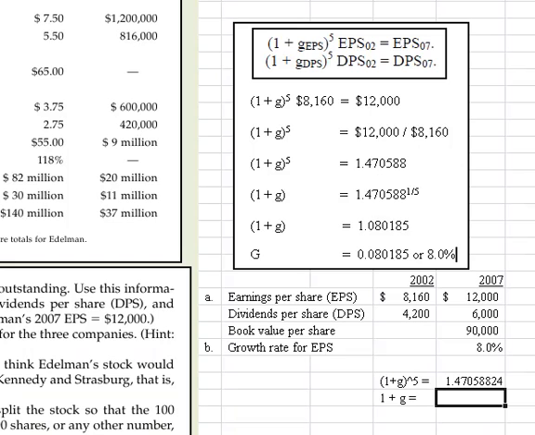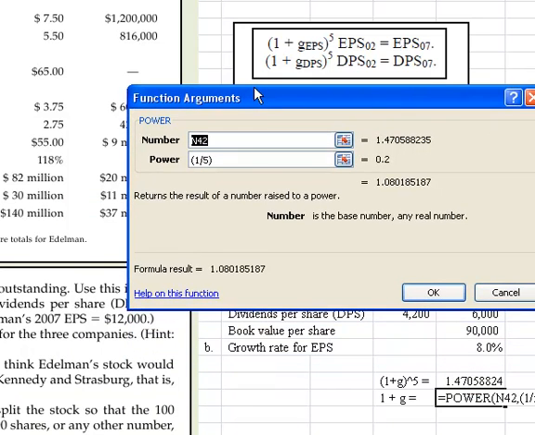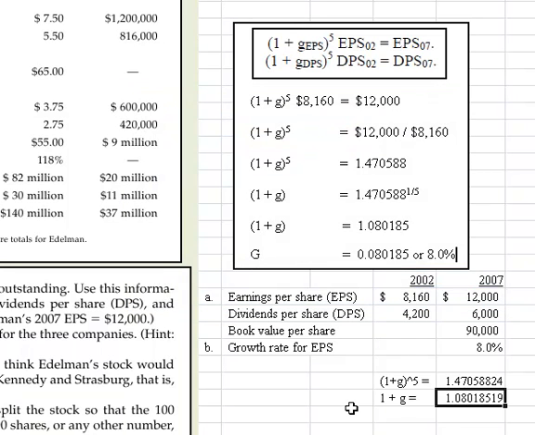And with Excel, the way you would do it, let me hit the F2 key so you can see what the formula looks like. You'd hit the equal power, and that will drive up these function arguments for the power function. And the number is in cell N42, right? So that's the row right above. And we raise it to the power of 1/5. And you can see it sort of coming through here.